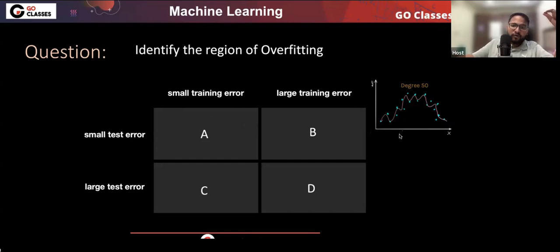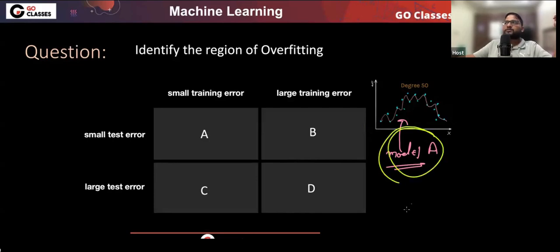It is like a student. Let's suppose this is a model, Model A, which has this kind of behavior. This is a higher degree model. So it is a kind of student who thinks he is too smart. Let's suppose there are many people in the class. He thinks he is too smart just because he can answer, or understand things.